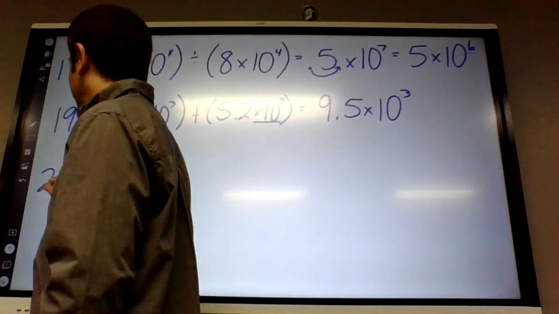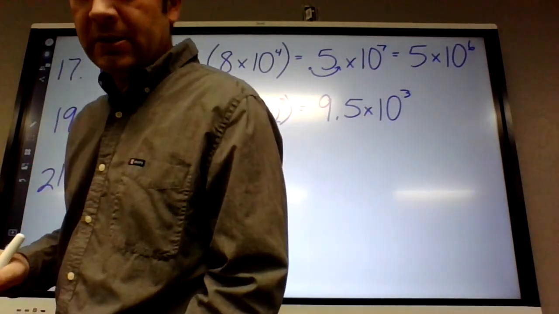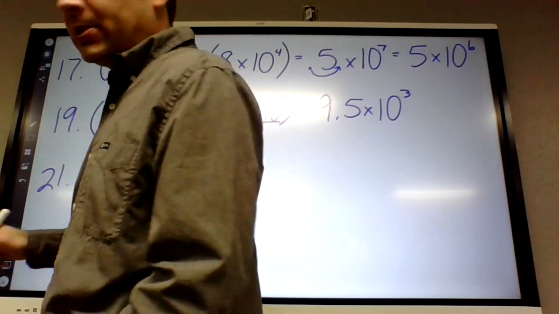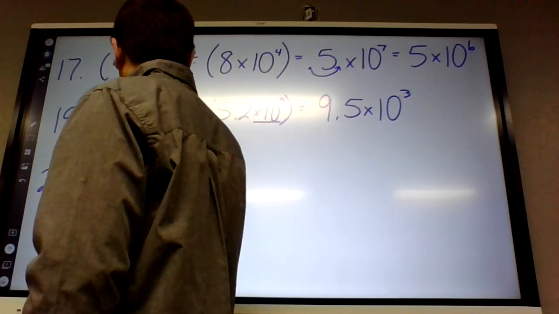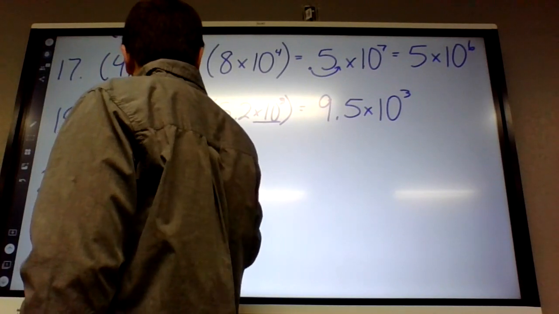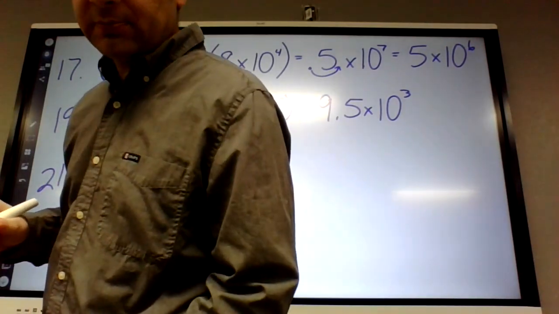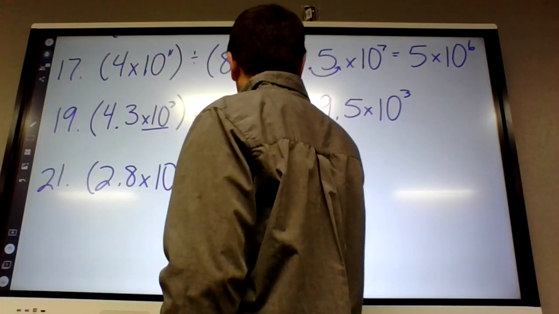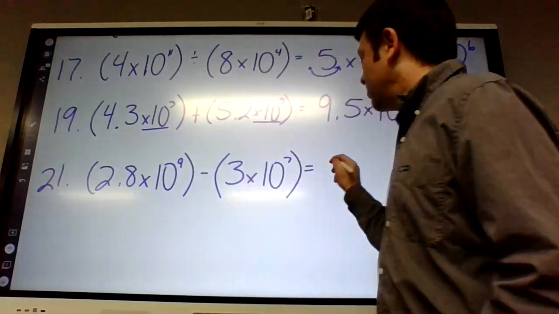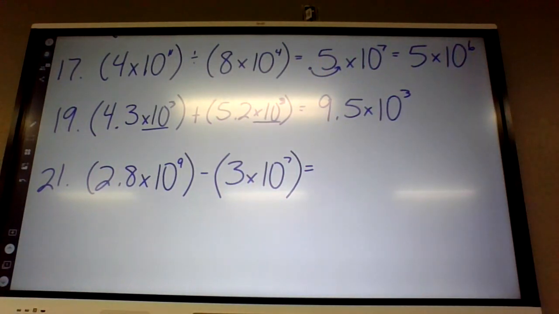All right, the hard one. 2.8 times 10 to the 9th, plus 3 times 10 to the 7th. What's wrong with 21? They're not like terms.